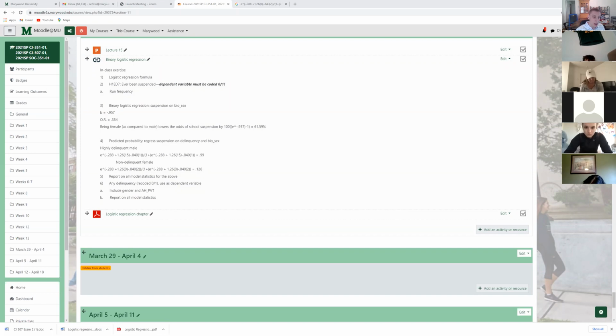These are provided to you, what you plug into the equation, and then you have to say, okay, we want a predicted probability of suspension for a male who is highly delinquent. If we want that as the statistical profile of the person, we want to know the predicted probability that he will be suspended from school.